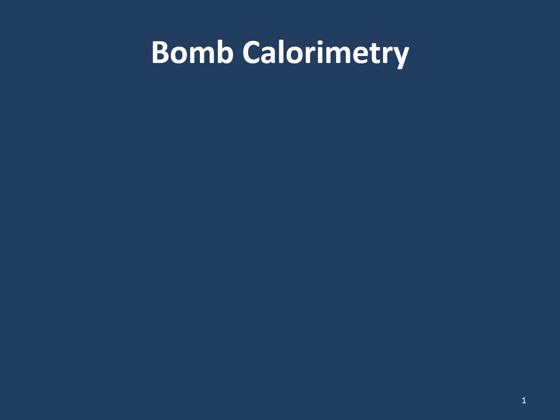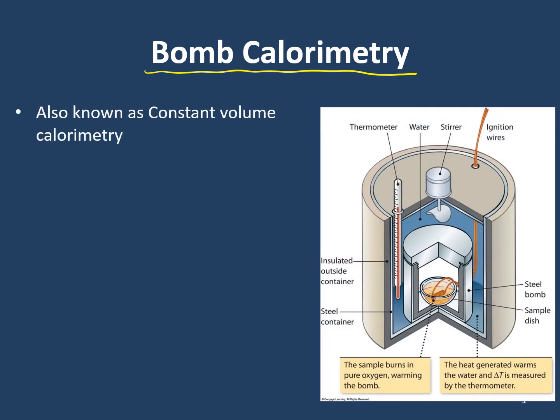And we're covering our last topic in this lecture video, which is bomb calorimetry, which is a fancy name for something known as constant volume calorimetry. Bomb calorimetry is often the common name for it, and constant volume calorimetry, as its name implies, is where we're measuring the transfer of heat while maintaining a constant volume.